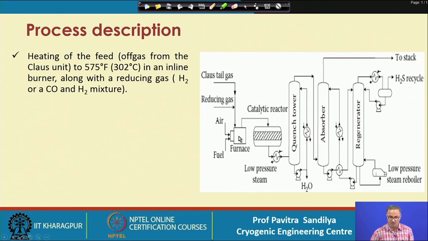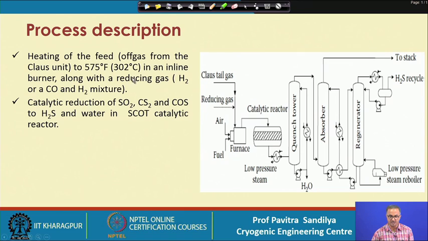These are taken to a furnace and heated up to about 302 degrees centigrade, and then it is catalytically reduced to get H2S from SO2, CS2 and COS. So, in the Claus catalytic reactor we are able to get H2S and water from these components.